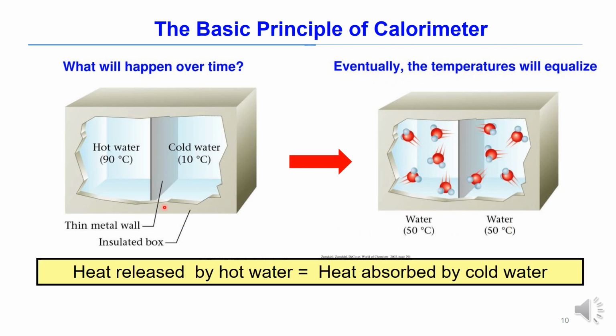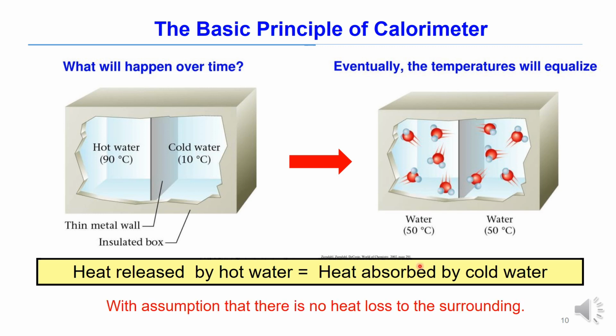This phenomenon concludes that the heat released by hot water is equal to the heat absorbed by the cool water, with the assumption that there is no heat loss to the surrounding.